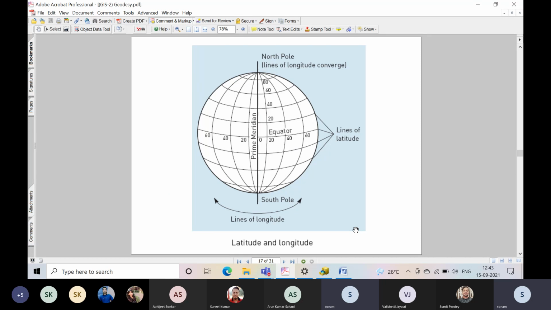Suppose somebody asks you what is latitude and longitude, how many of you will say that longitudes are the imaginary vertical lines drawn on the surface of the earth, and latitudes are the imaginary horizontal lines drawn on the surface of the earth? How many of you will define lat long in this way?